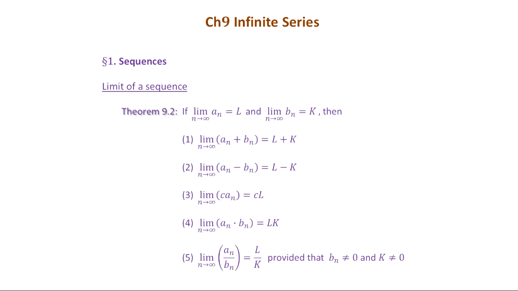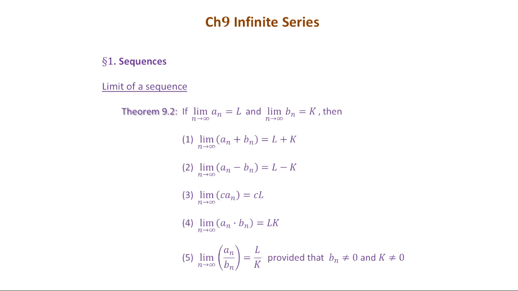Just like the limit of functions, we can always add two sequences. So there are two sequences, an and bn here, and the sequence an has a limit of L, and the sequence bn has a limit of K. Then you can find the limit of the sum of these two sequences, and that is just the sum of the two limits of those sequences.